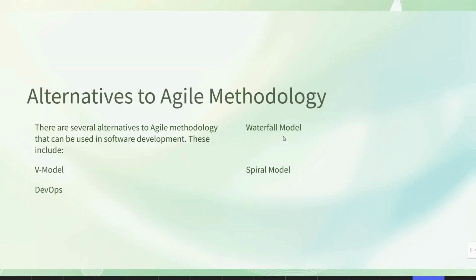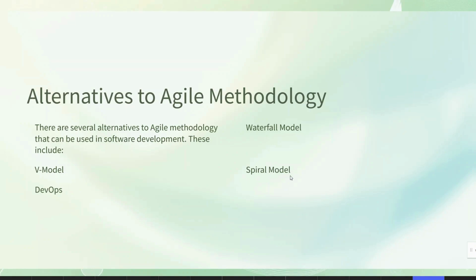A waterfall model is a linear sequential approach where each phase must be completed before moving to the next. So it's ideal for projects with clear, unchanging requirements. Okay. So after that, we have the V model. Actually, V model is similar to waterfall, but with a focus on testing at each stage.